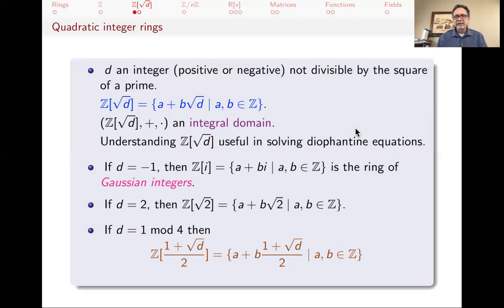Now, this looks a little bit odd, and it's not actually clear that this is a ring, because it's not clear that if you multiply two things like this, you will get another thing like it, but you will, and you can try it. In fact, it won't work if d is not 1 mod 4, but this ends up being an integral domain that's important in number theory.